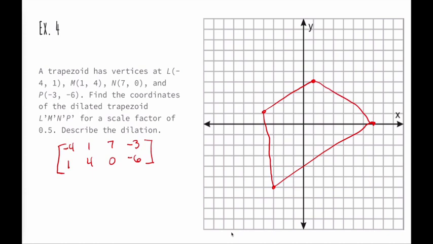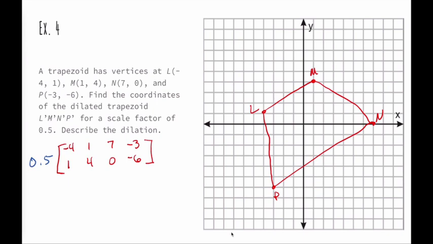This was L, M, N, and P. We're going to find the coordinates of the image L prime, M prime, N prime, P prime for a scale factor of 0.5.